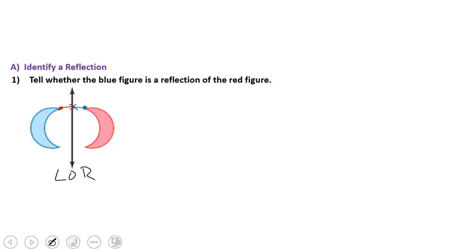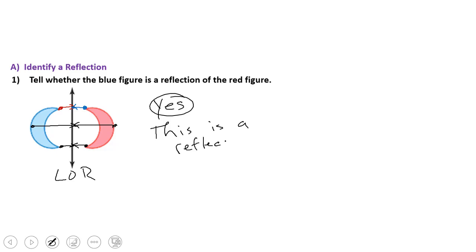And as I look at the rest of the points, if I were to go from here to the line of reflection and its corresponding point, voila. If I started over here and measured that distance to the center, would that be the same as its corresponding point over there? And I think yes. Yes, this is a reflection. Alrighty, my answer to that one is yes, this is a reflection.